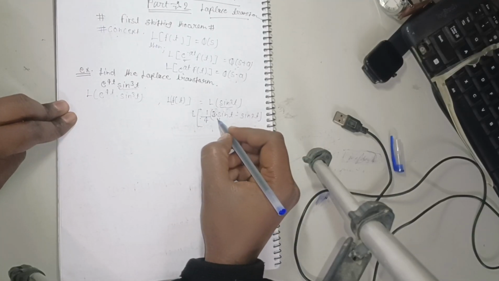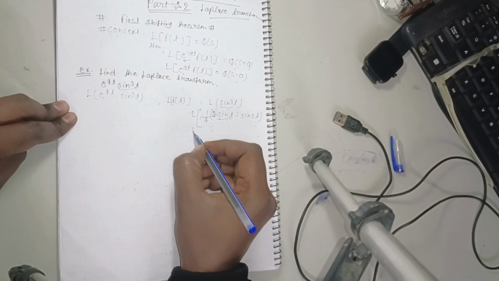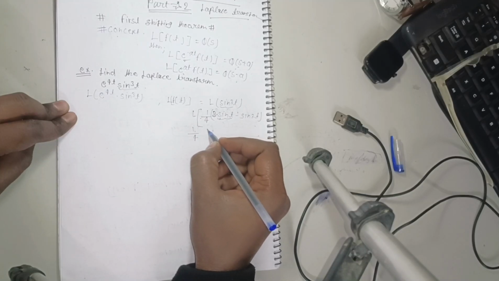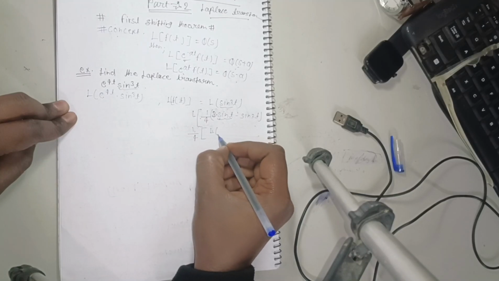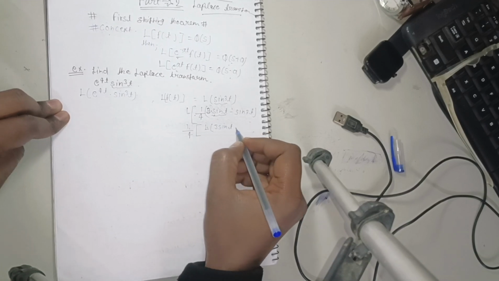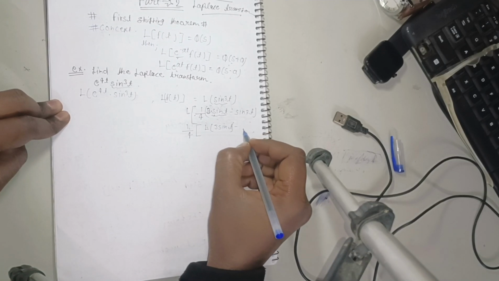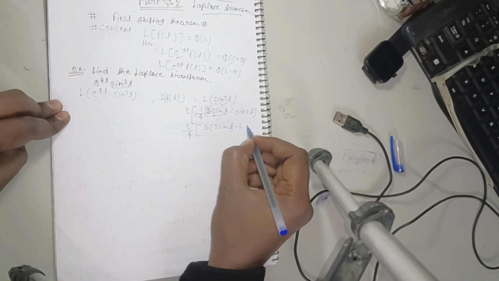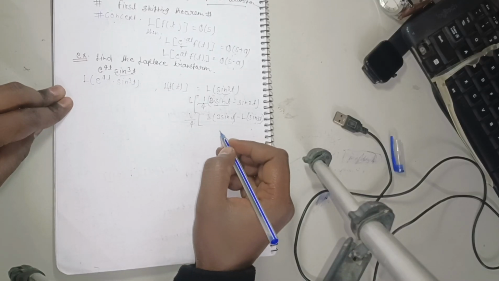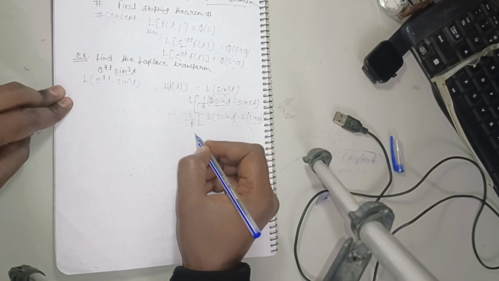Now I can easily find the Laplace of sine t. Taking 1 upon 4 common, I find Laplace of 3 sine t minus Laplace of sine 3t. What is the Laplace of sine at? That is a upon s square plus a square.